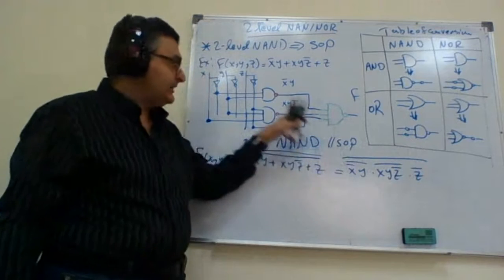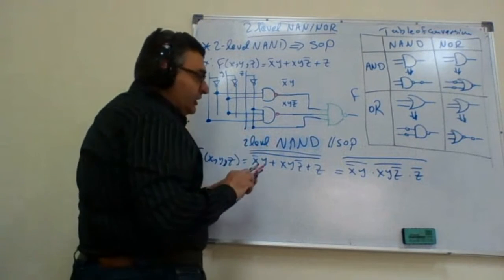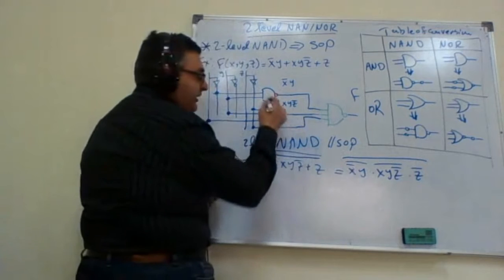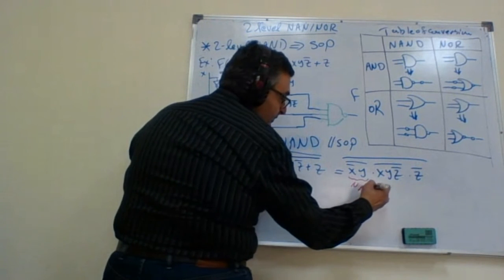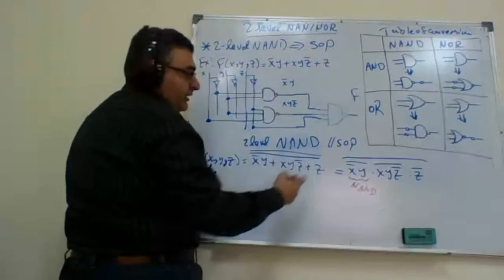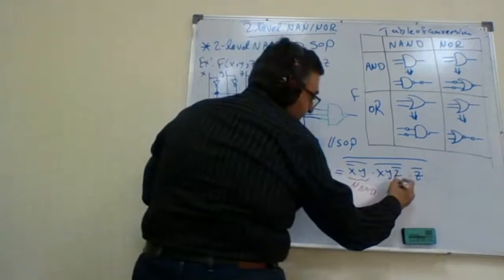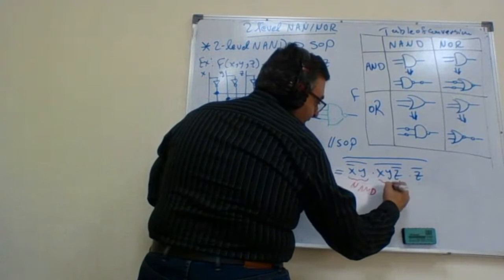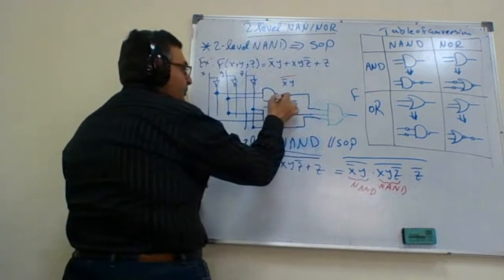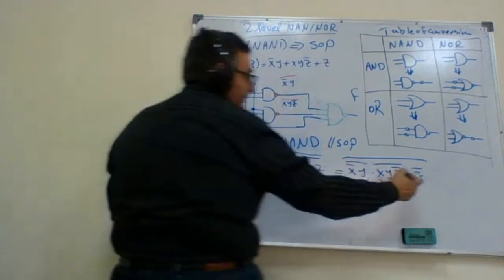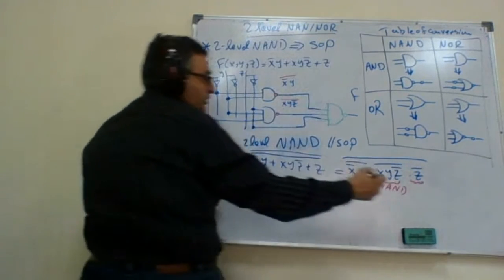This equation is exactly what we did on the drawing here. You can recognize that this is a NAND, which is the first NAND here. Then another NAND, which is this one. And the last term here is just one term connected to Z bar.